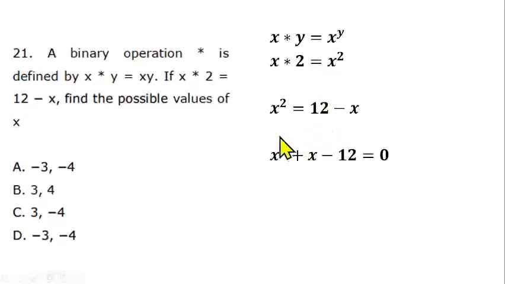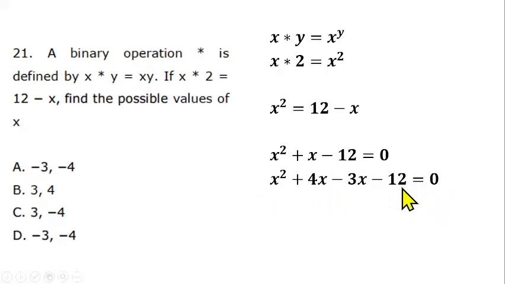Collect like terms, you have x squared plus x minus 12 equals 0, because if this one comes here, plus x minus 12 equals 0. So we have a quadratic equation to solve. You can solve this one by factorization method. So we'll be having x squared plus 4x minus 3x minus 12 equals 0.